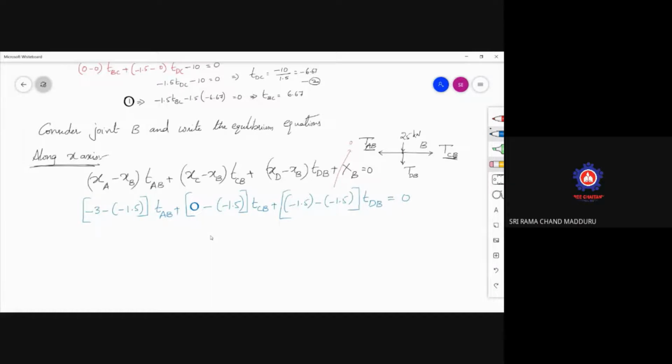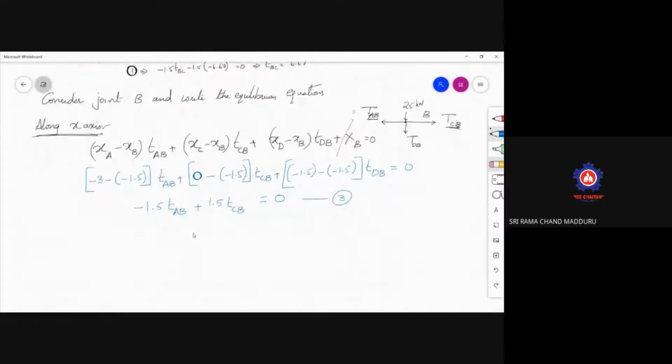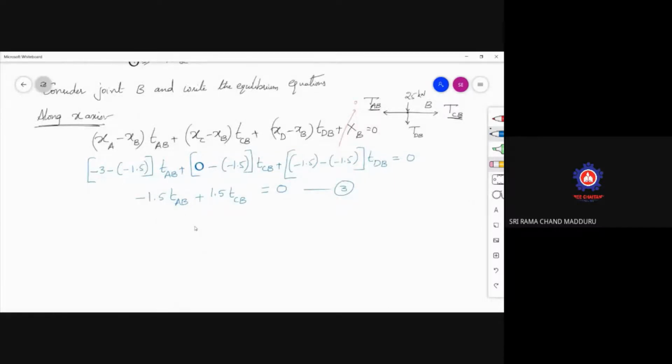So minus 3 plus 1.5, that is minus 1.5 into TAB, plus 1.5 into TCB, plus 0 into TDB, which is 0, equal to 0. This is our equation number 3. So along the x-axis, these are the equations available. Now go to the y-axis.